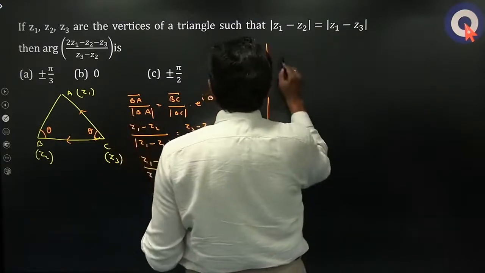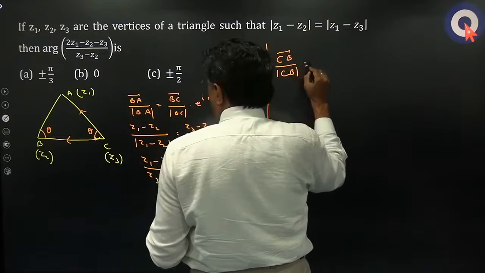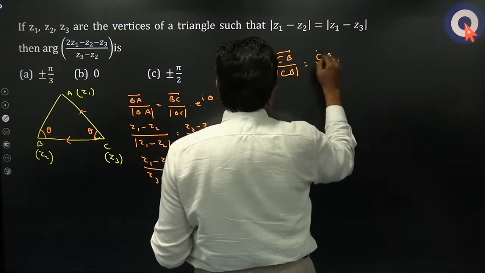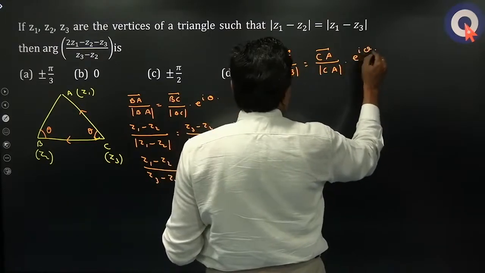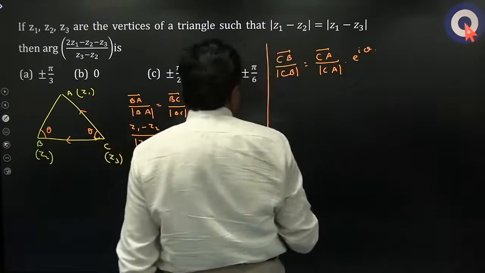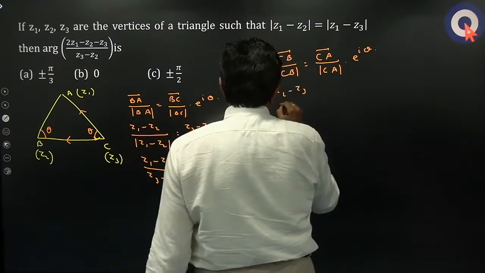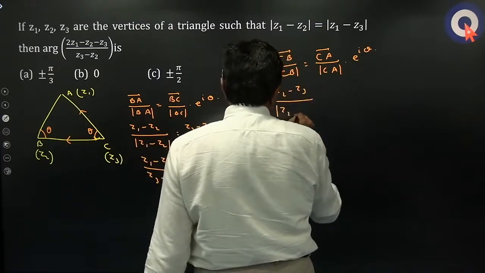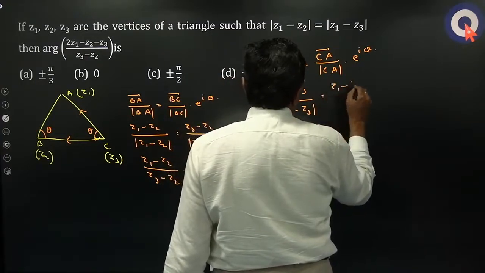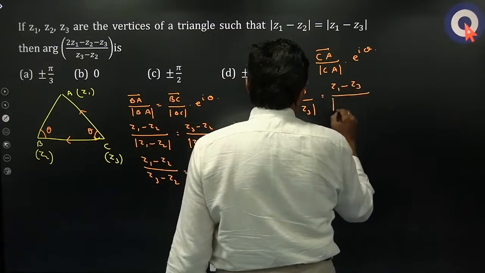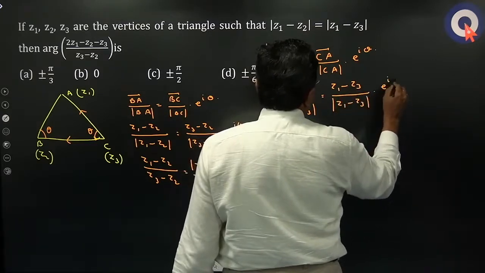So CB by mod CB is equal to CA by mod CA into e power i theta. The direction is anticlockwise. So this becomes Z2 minus Z3 by mod Z2 minus Z3 is equal to Z1 minus Z3 by mod Z1 minus Z3 into e power i theta.